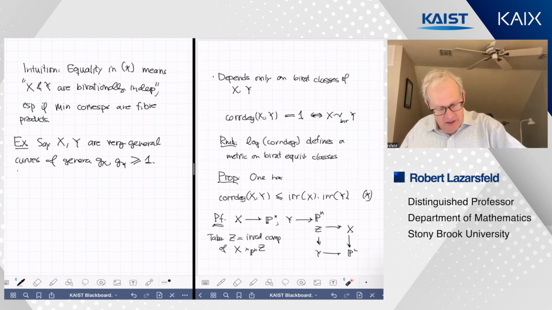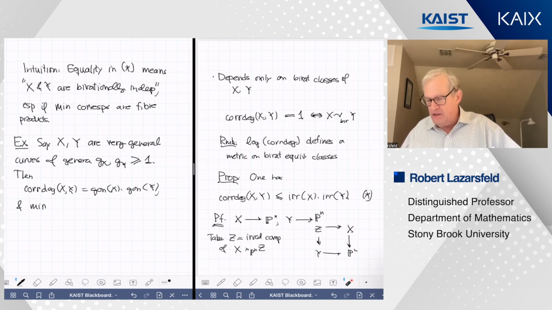So then in fact, the correspondence degree is the product of the gonalities. So it's essentially the genus of x divided by 2 times the genus of y divided by 2. And the minimal correspondences, the minimal z, are birational to the fiber product of the gonality maps.